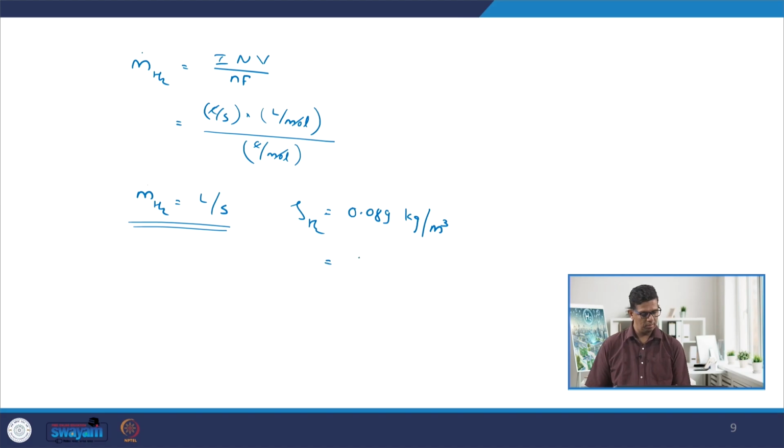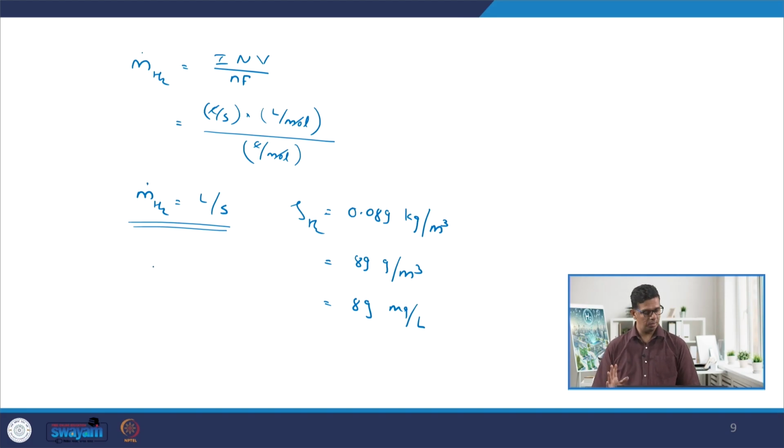It can also be written as 89 gram per meter cube, or 89 milligram per liter. So, let us see how we can find the flow rate for the hydrogen.